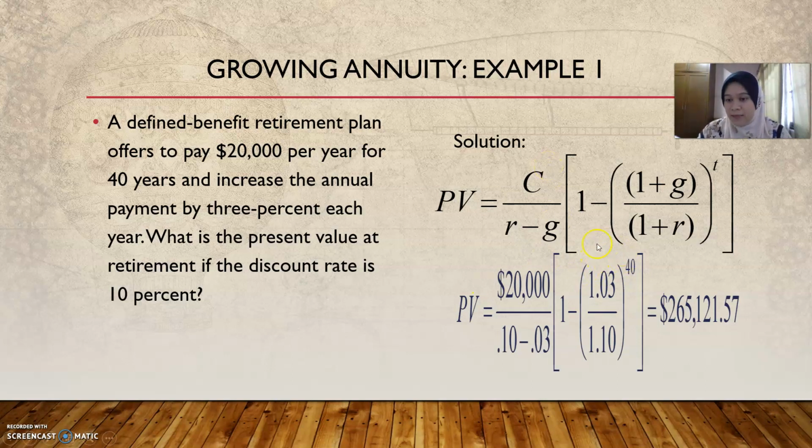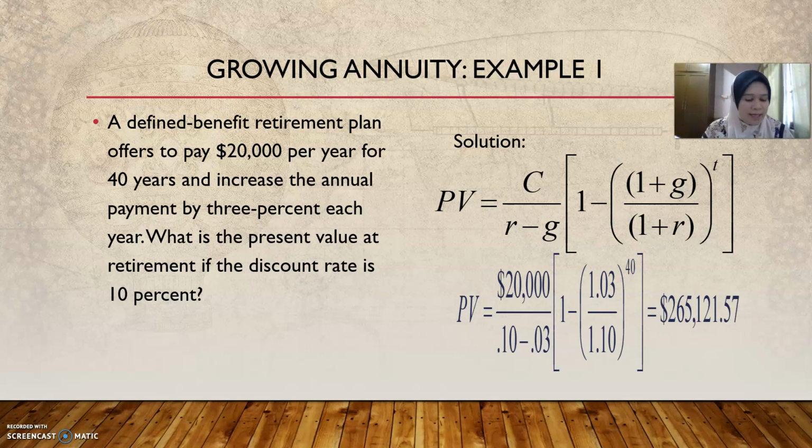So solve inside the bracket first. With the power of 40, you will get around 0.0721. And then 1 minus this answer, so you will get 0.9279.